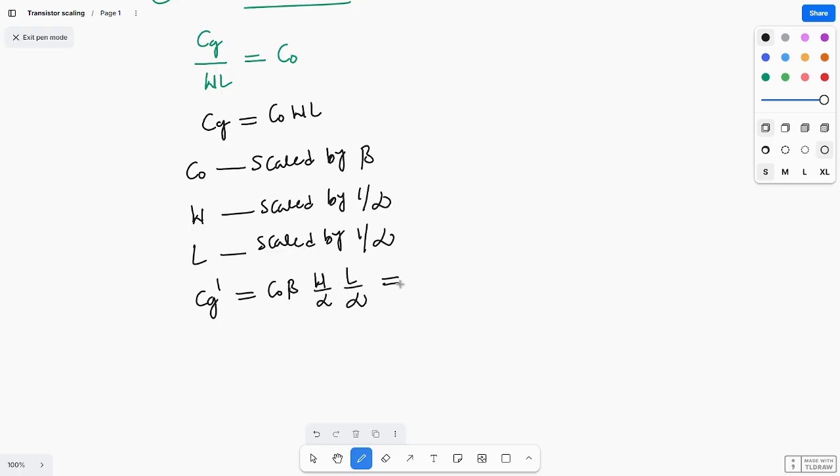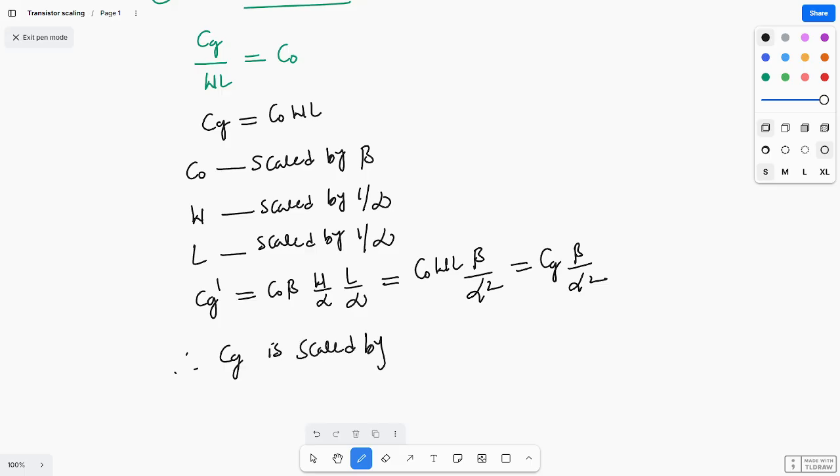So this equals C naught into WL beta by alpha square, which is CG into beta by alpha square. Therefore gate capacitance is scaled by beta by alpha square.